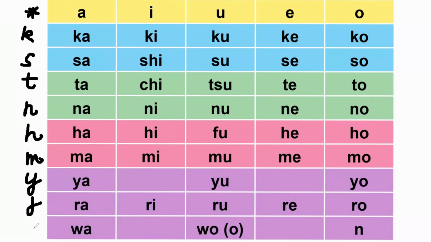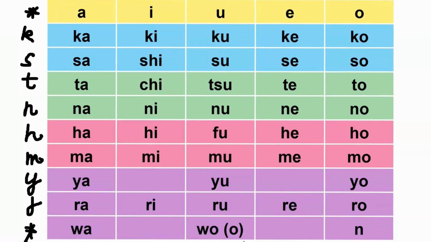And the last row is a special row which has three characters. The first one is Wa, W-A, Wa. The next character is actually pronounced as O only but written as W-O. If you see the first row's O and this O, they're pronounced the same, but their context is used differently, which I will explain in the coming lessons.